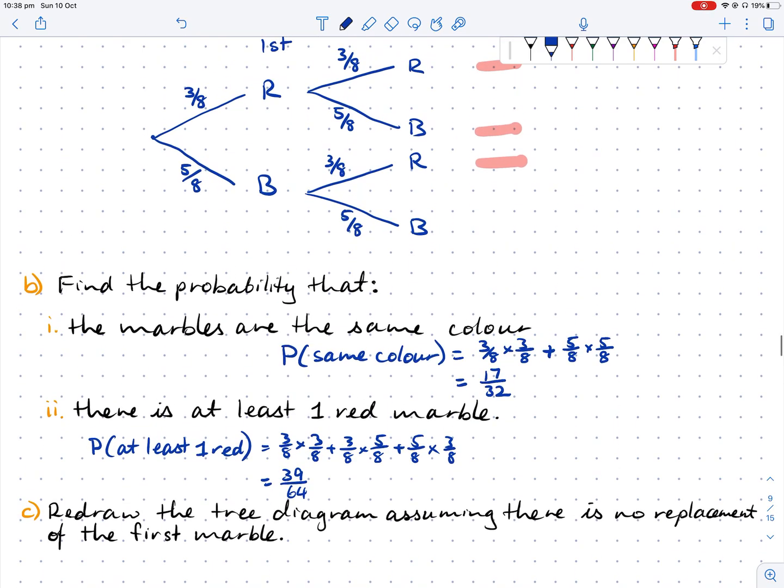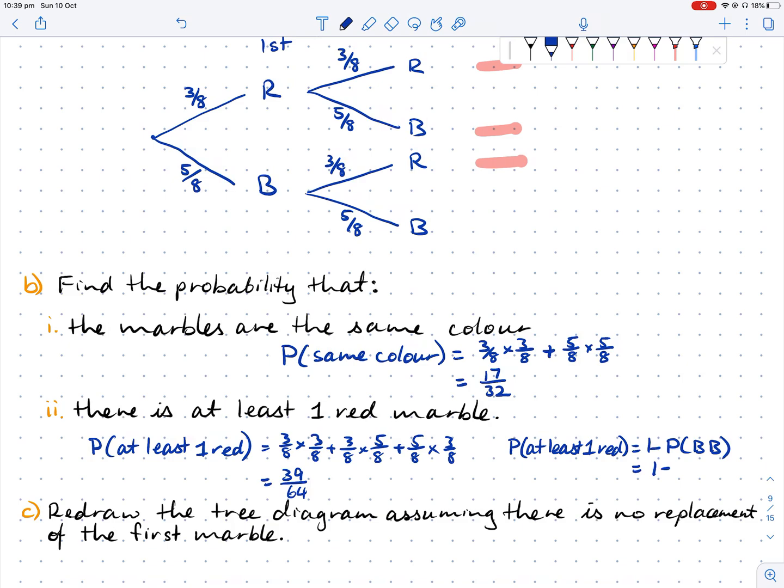Now, if we use the other method, the complement, the probability of at least one red is going to be 1 minus the probability of getting 2 blues. If I want at least one red, the complement of that is to get no reds. Well, that's double blue.